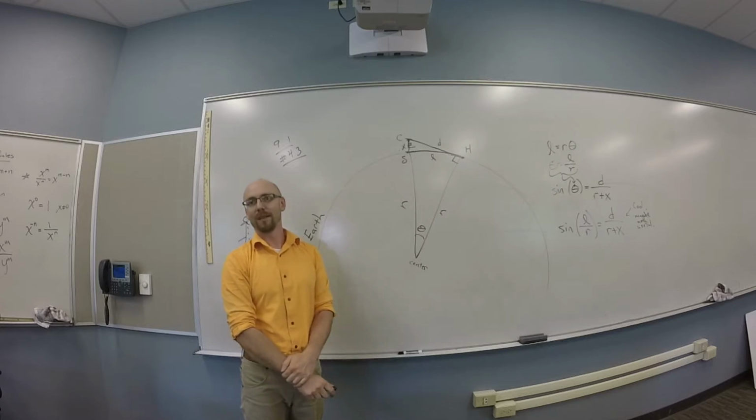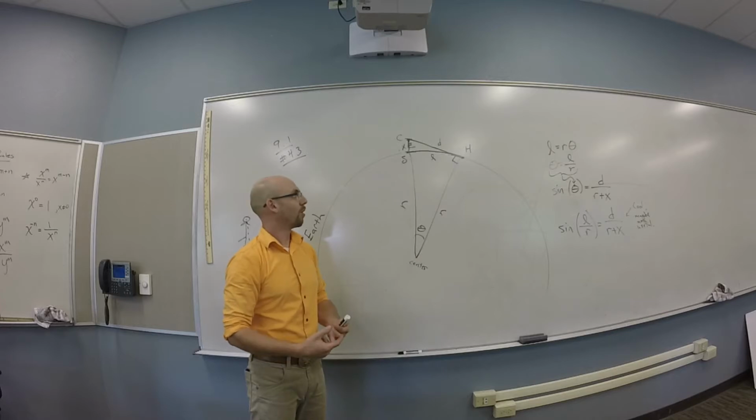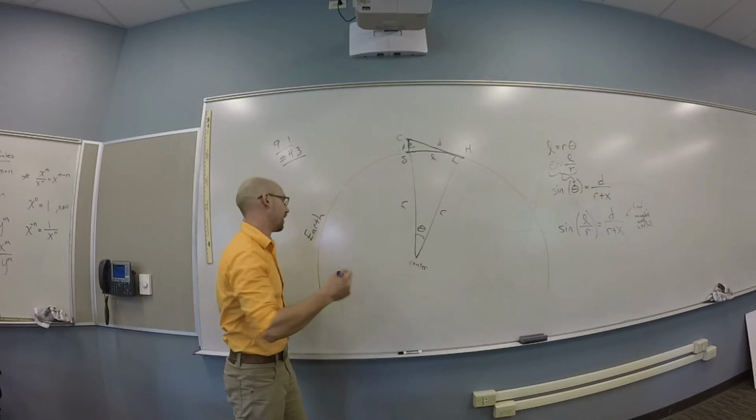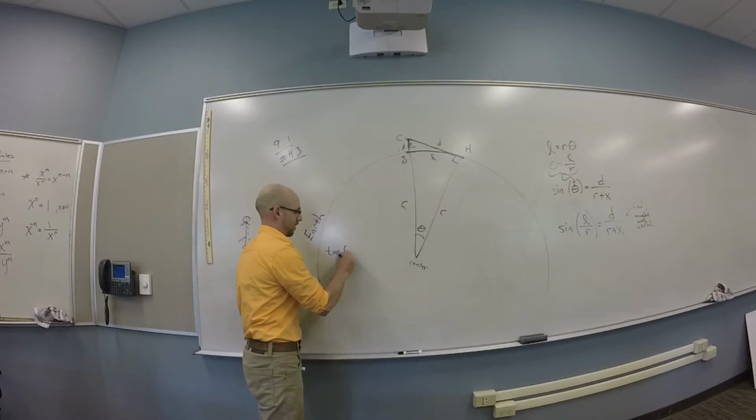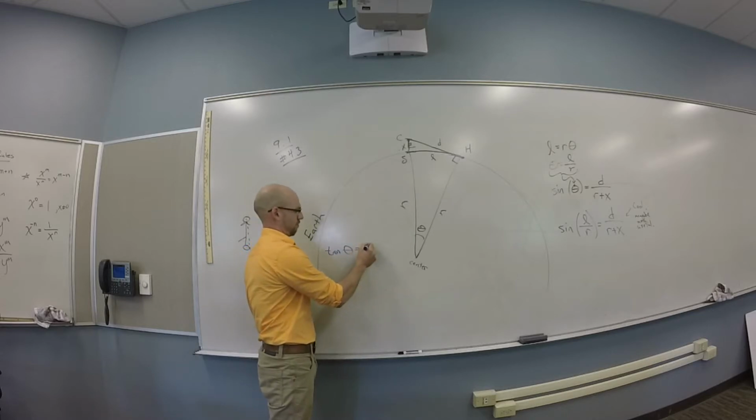You can use tangent to relate R, X, and D. Oh, that's another option, right? You guys see why I want kind of a different trig function here? Right? So what do I know about tangent of theta?